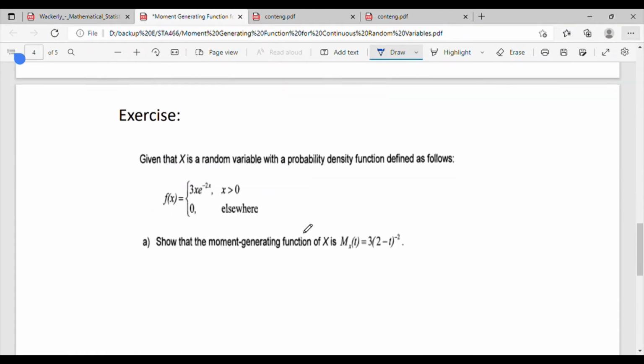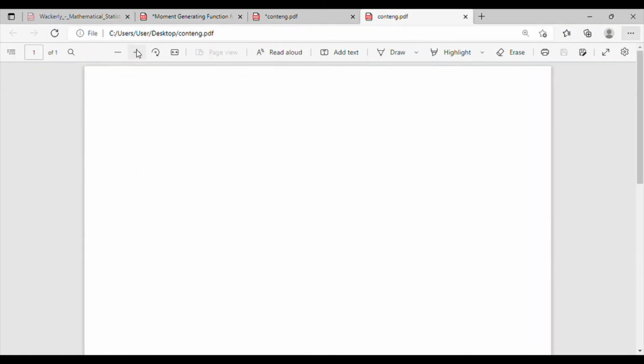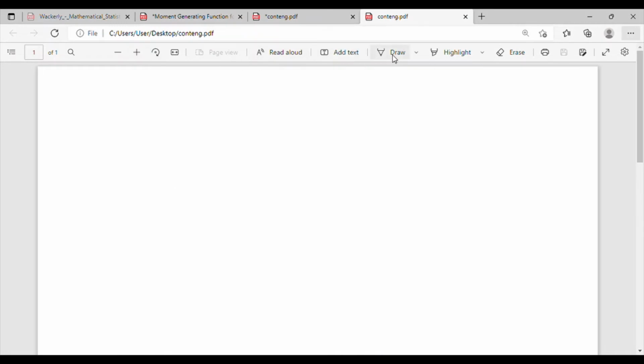Okay, let's try another one, apart from the past year question. The notation for the MGF is M_X(t). I use x here because we denote x as the random variable.